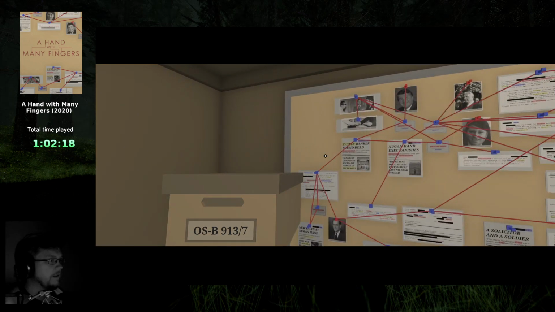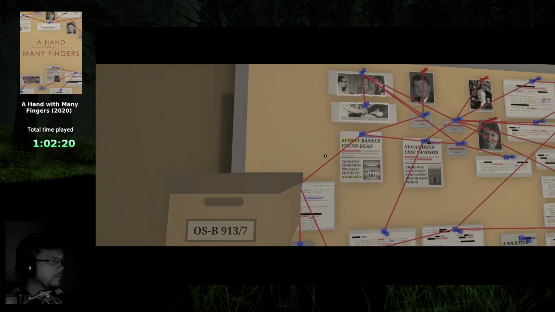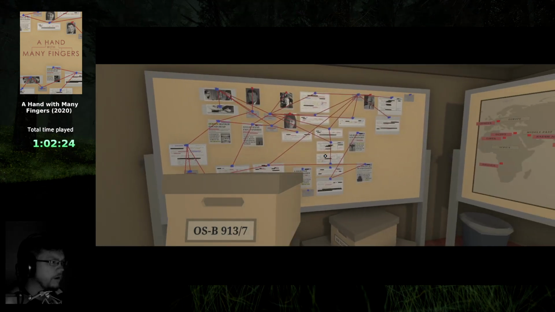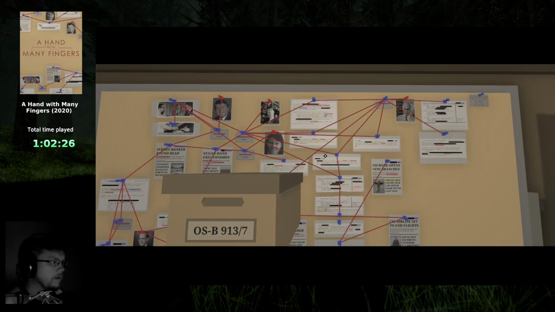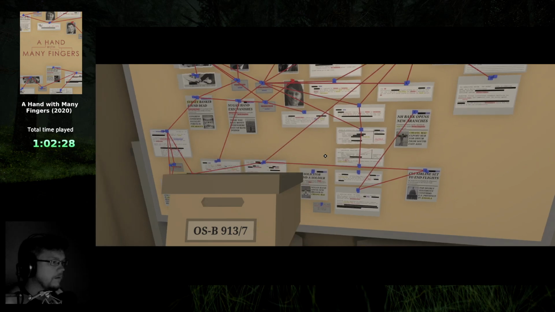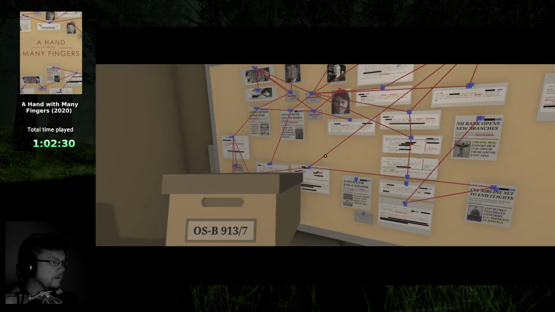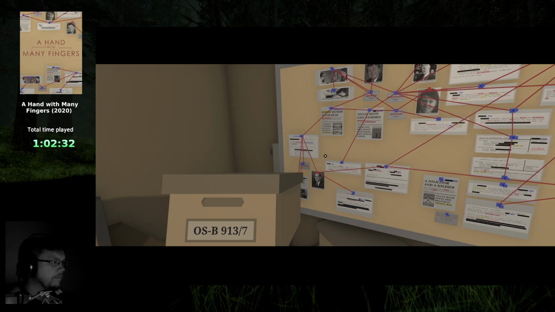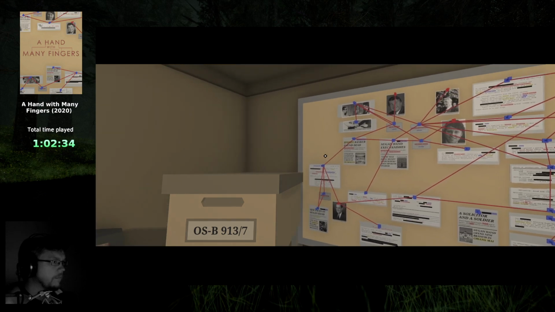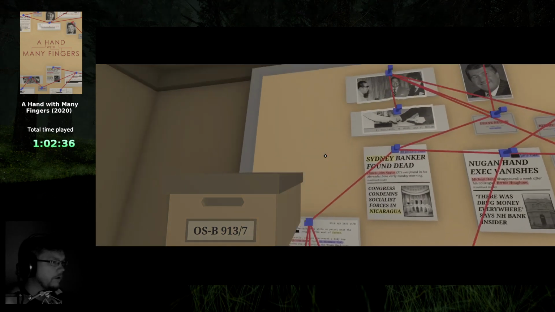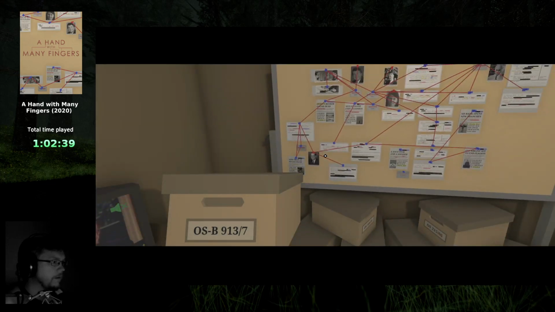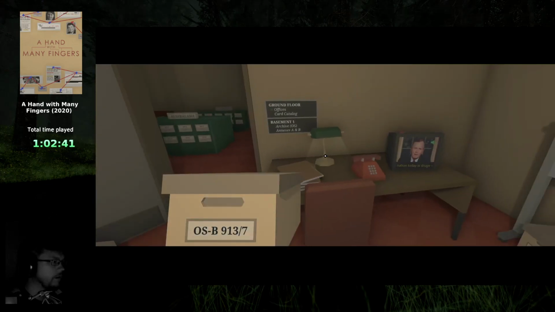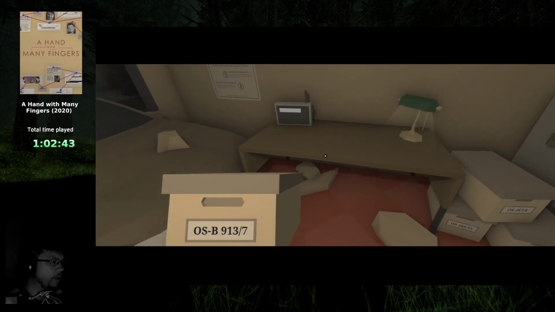You take any... We're missing something here, aren't we? Are we? I feel like there used to be a note here. Might be imagining this. Oh well.